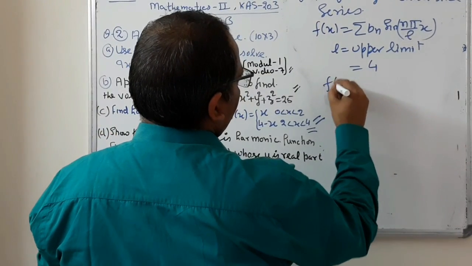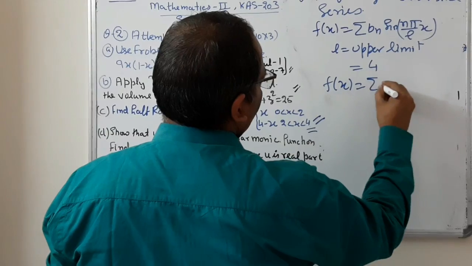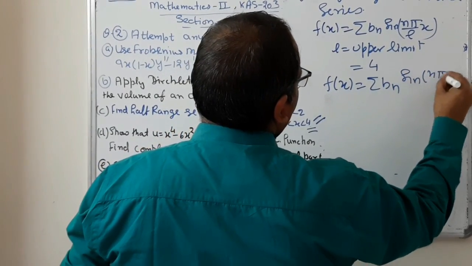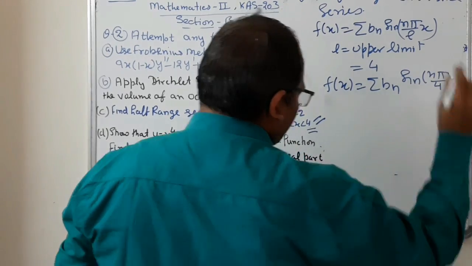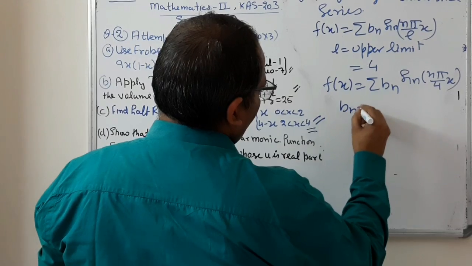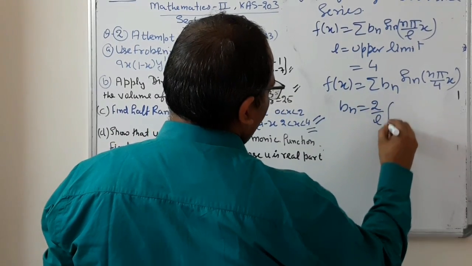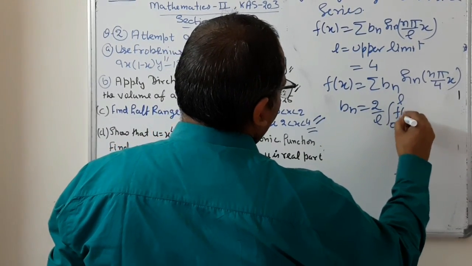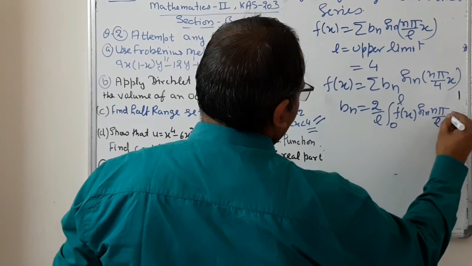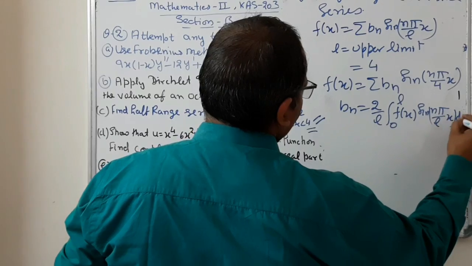So the Fourier sine series can be written as f(x) equal to sigma of b_n sine of n pi x upon 4. You can write like this, right? And the formula of b_n is 2 upon L, integral 0 to L, f(x) sine of n pi x upon L dx.